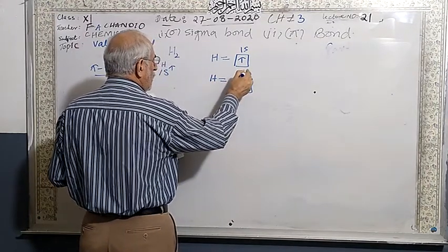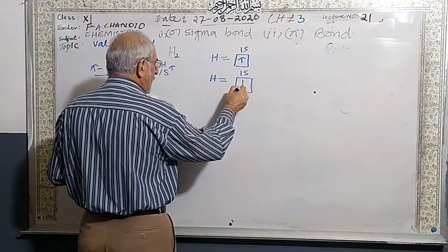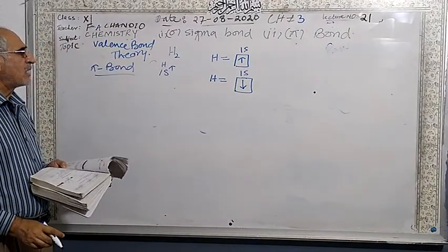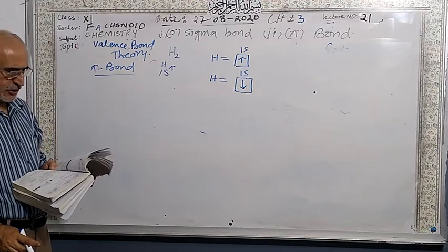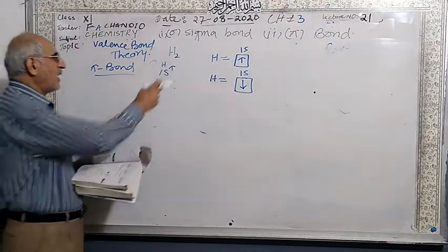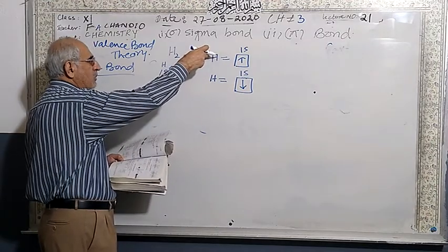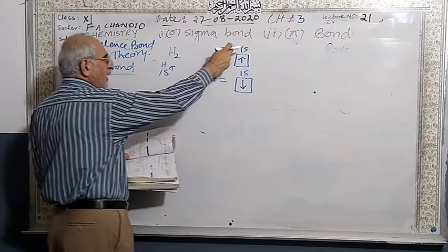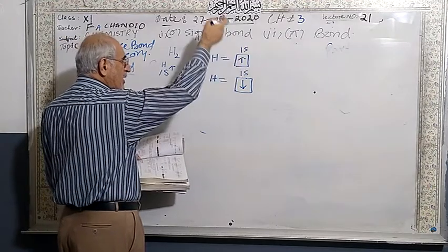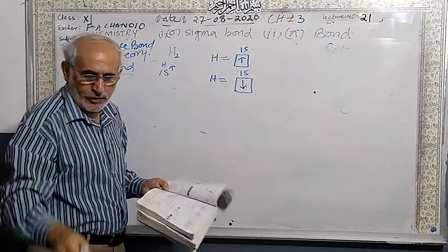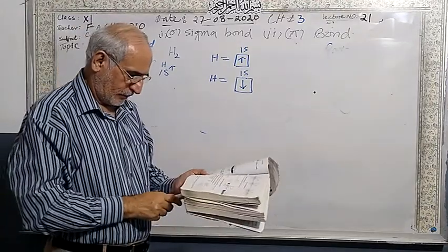But according to valence bond theory, the next electron I have to put should have opposite spin. One hydrogen atom has 1s1 with upward spin, and the other hydrogen atom has 1s1 with downward spin.